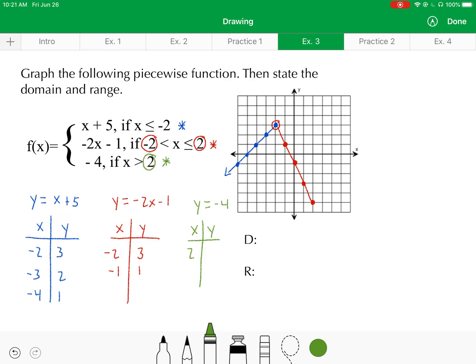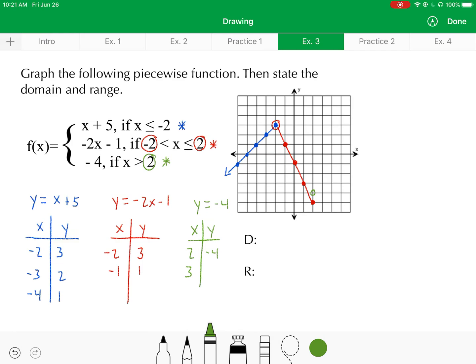Now notice there's nothing to plug in for x, right, in the equation. No matter what x is, y is automatically -4. Okay. So when I plot this point, since 2 is not technically included in the domain for this piece, I do an open point at 2, -4. Then I'm going to pick other values for x that are greater than 2.